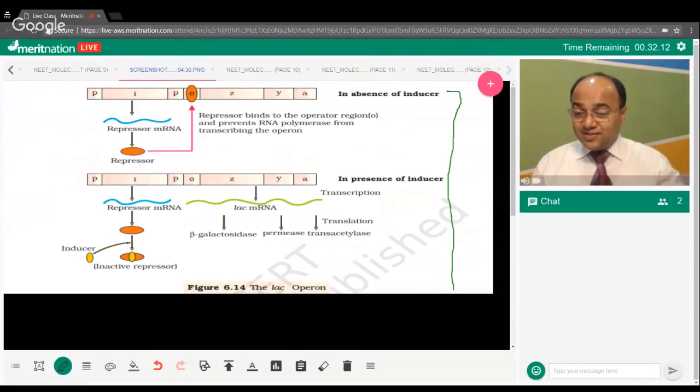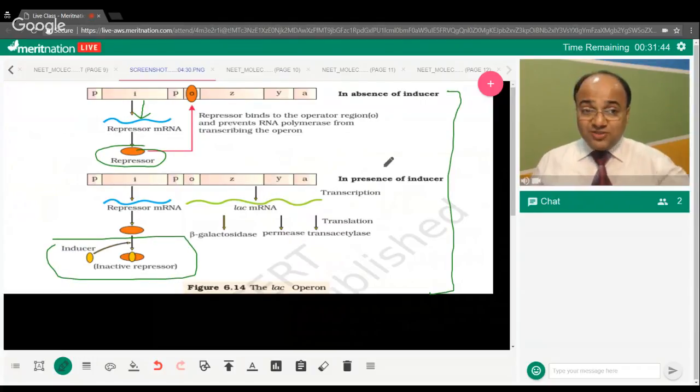It is there in our NCERT books. We can very clearly see the repressor which binds to the operator region, and this is the inhibitor gene which expresses the repressor. The repressor is inactivated by the inducer. In this case, the inducer is lactose itself, and thus the lac operon is able to express itself.